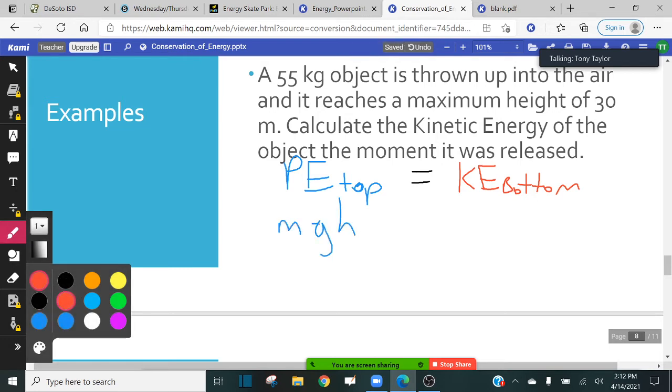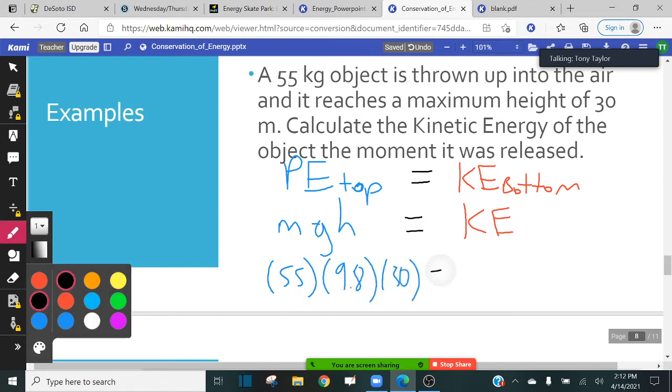So we can just plug everything in to this equation here, and that'll tell us what kinetic energy the object has the moment it was released at the bottom of its path. So its mass was 55, little g is always 9.8, and the height was 30 meters. Can someone tell me how much kinetic energy this object has the moment it was released?